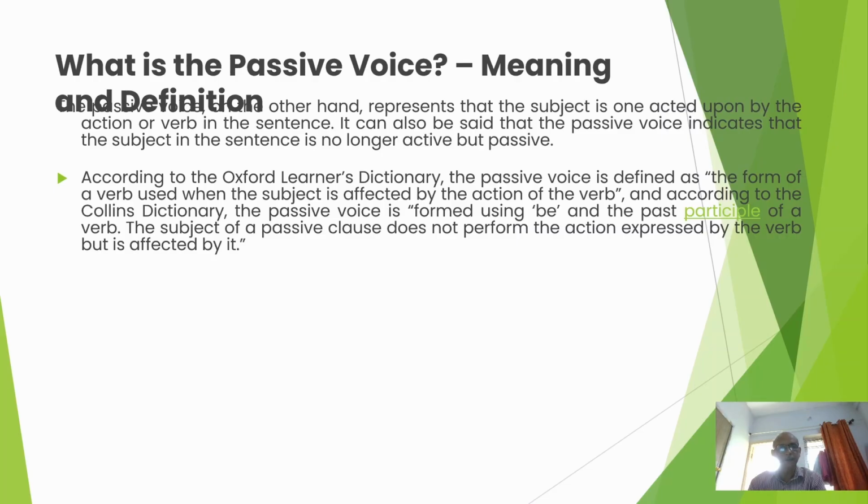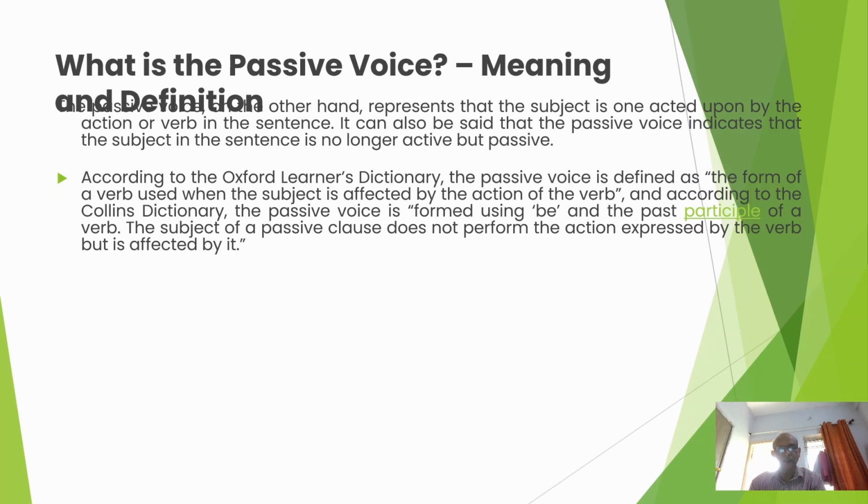What is passive voice? Meaning and definition. The passive voice represents that the subject is one acted upon by the action or verb in the sentence. It can also be said that the passive voice indicates that the subject in the sentence is no longer active but passive.